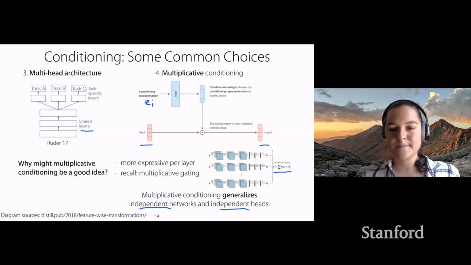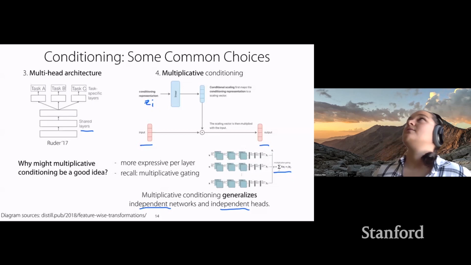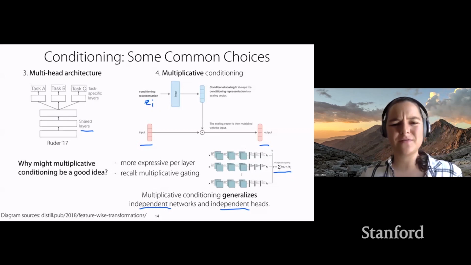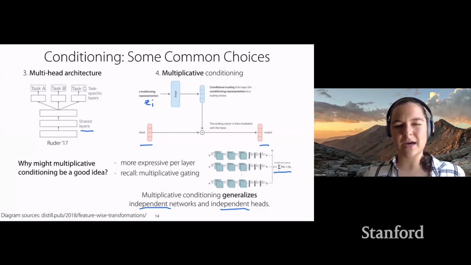I was confused about why multiplicative conditioning will be more expressive per layer, or if there's any intuition on that. The intuition is that if you use additive conditioning at the individual layer, it can't represent multiplication.